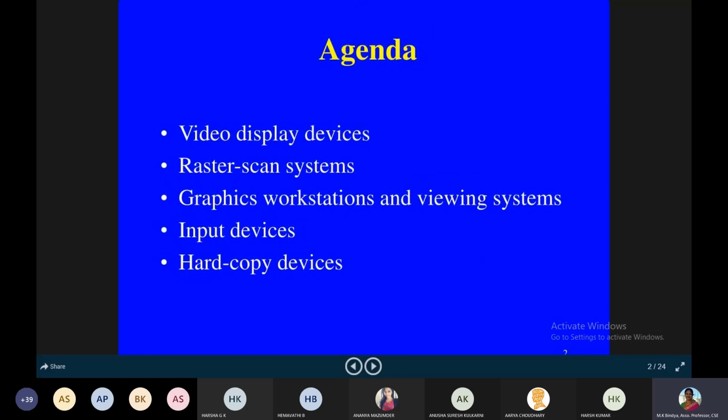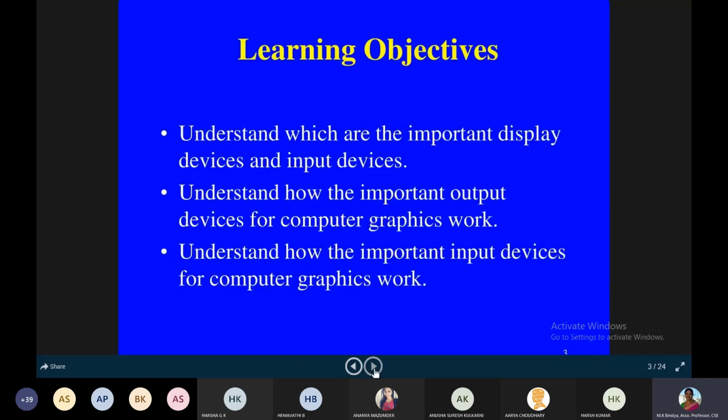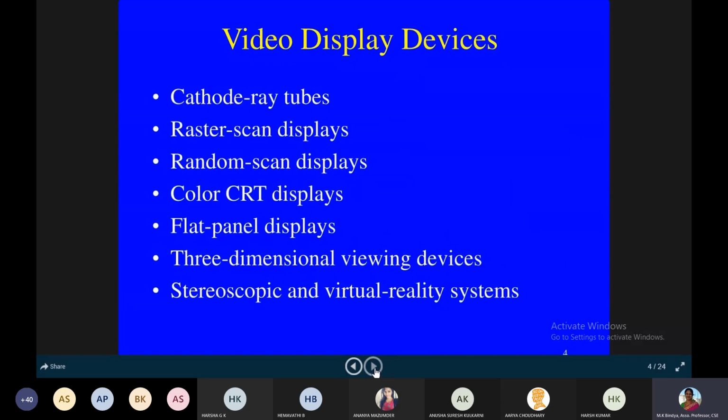The main objective is to understand the important display devices and input devices, how output devices are used to make computer graphics work, and how important input devices are for computer graphics work.